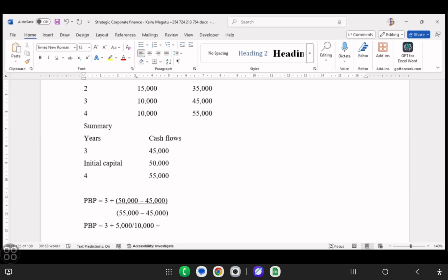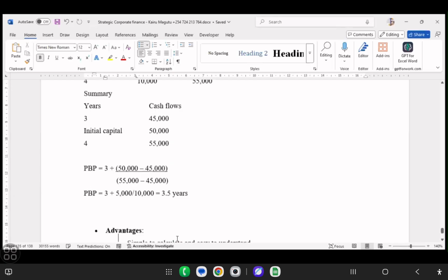And this is equal to 3.5 years. That is the way to go about the payback period.